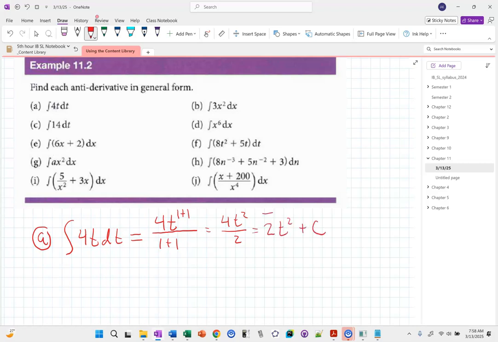And then plus c on at the end. Everybody feel okay with what I did there, formula-wise? Notice that I just kind of ignored the 4, right? So same idea.